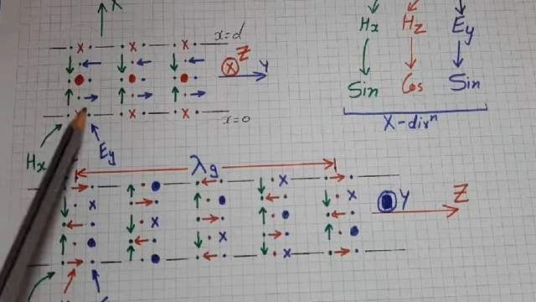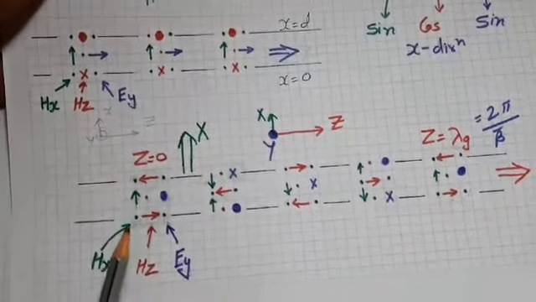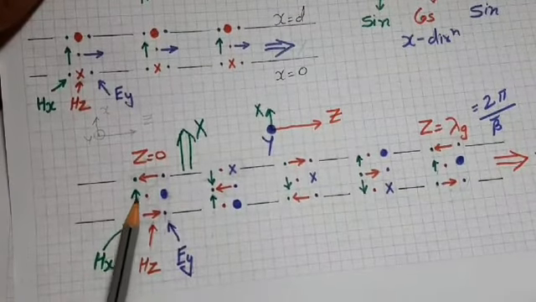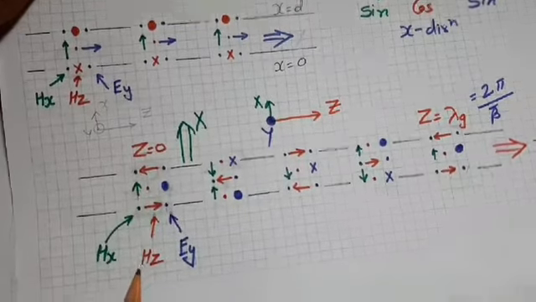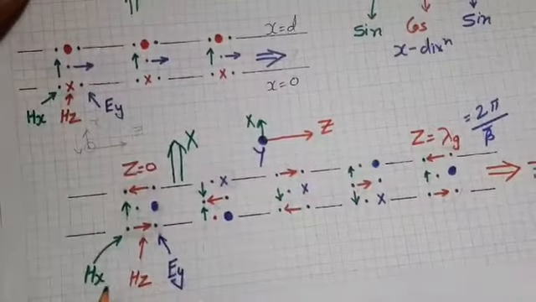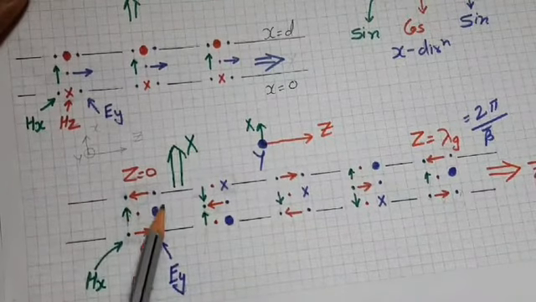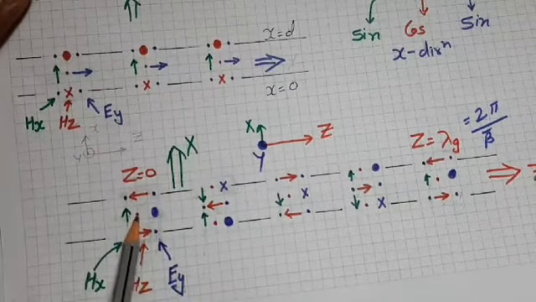For TE1, m value is equal to 1. Here, because hx and ey have sine function variation, they will have one maxima in between the planes. See, here hx has one maxima in between the planes. And similarly, ey also has one maxima in between the planes. Because hz has cosine variation, it would have 1 zero in between the planes.